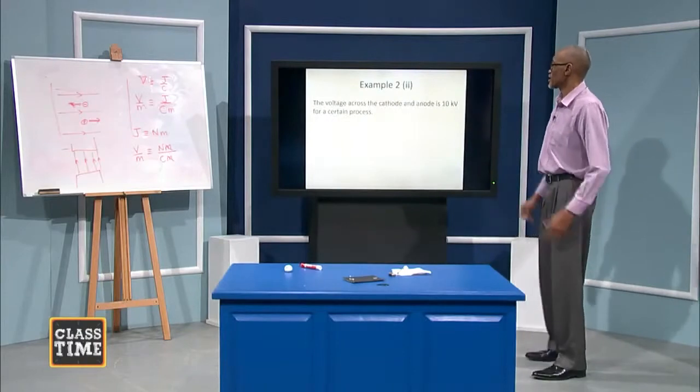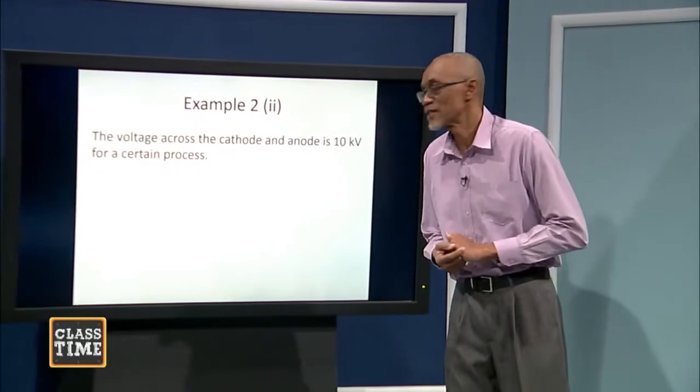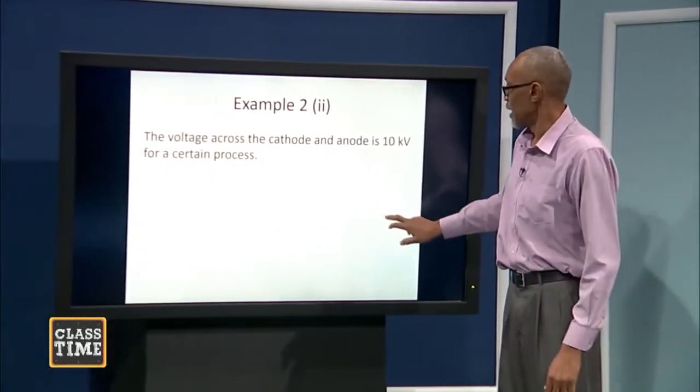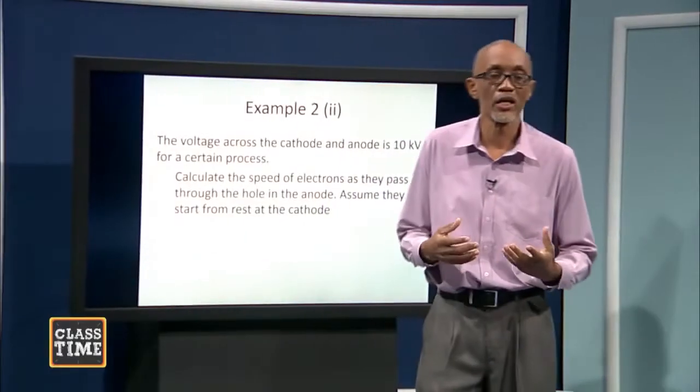So the voltage across the cathode and anode is 10 kilovolts for a certain process, all right? And calculate the speed of the electrons as they pass through the hole in the anode. Assume they start from rest at the cathode. Now the electrons are produced by a process called thermionic emission.